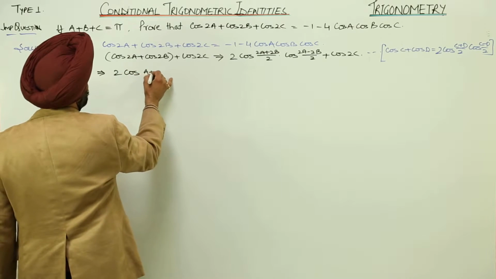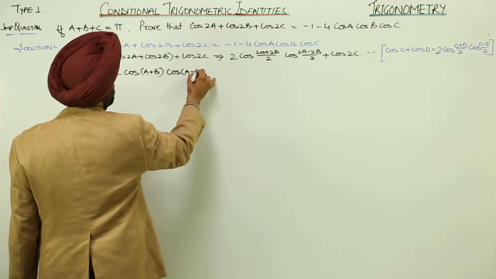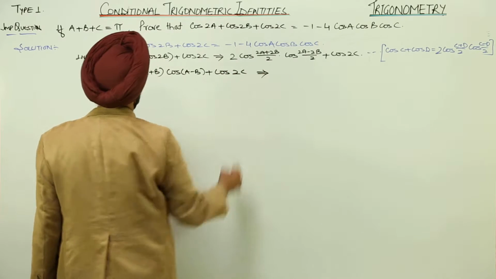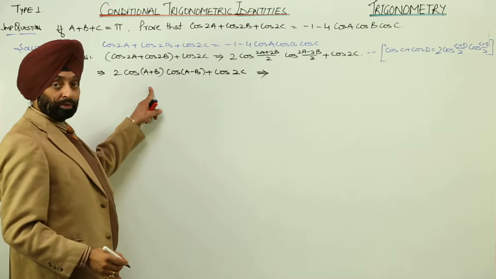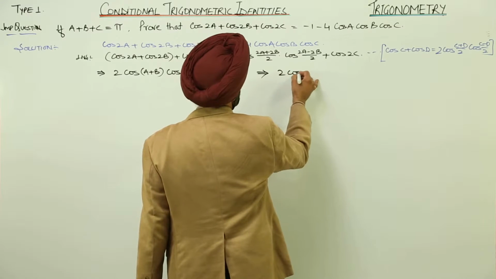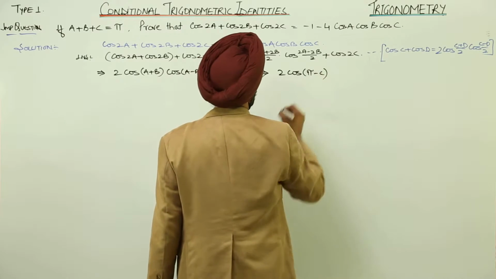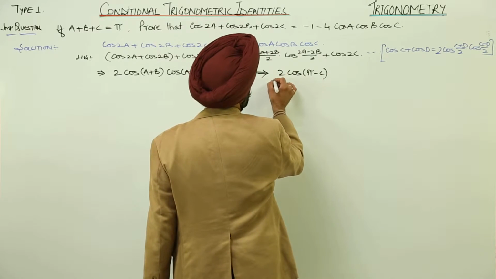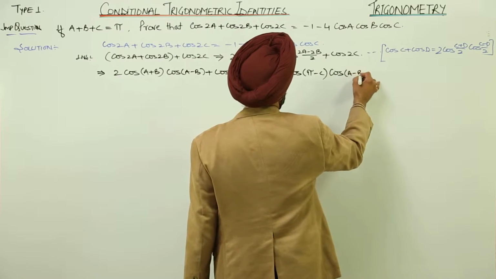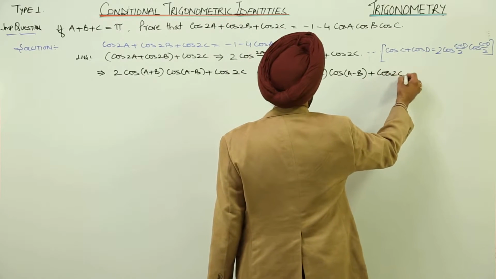Now this becomes 2 cos (A plus B) cos (A minus B) plus cos 2C. Now A plus B, again using the condition, this becomes twice of cos (pi minus C) cos (A minus B) plus cos 2C.